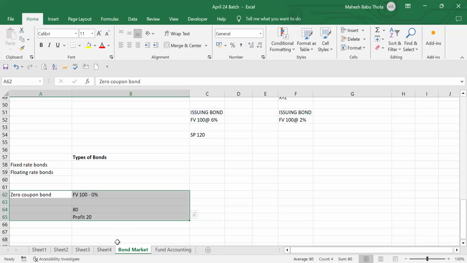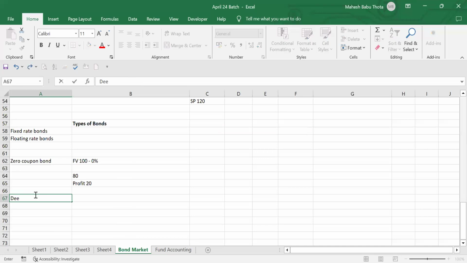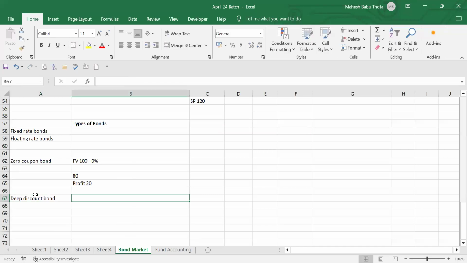And we have one more concept called deep discount bonds. Deep discount bonds are also the same thing. They won't pay much interest. Sometimes they may pay, they may not pay. But in most cases, the interest will be very little or zero. That's why we call it a deep discount bond. What is deep discount? While issuing the bond itself, they will issue at a discount.